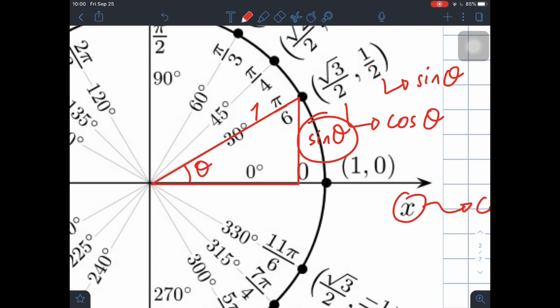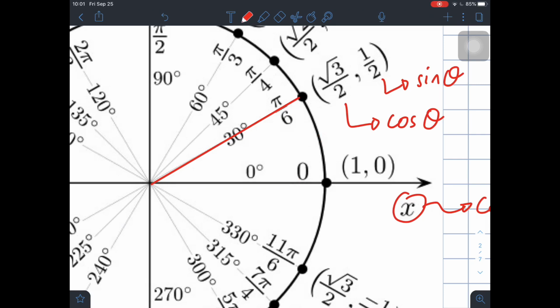So if we write opposite over hypotenuse, we're going to write sine of the angle divided by 1, and we will get sine of the angle. So just for you to remember, sine corresponds to the y value of the coordinate, while cosine, which is adjacent over hypotenuse, corresponds to the x value of the coordinate, okay? That's a trick for you to remember.